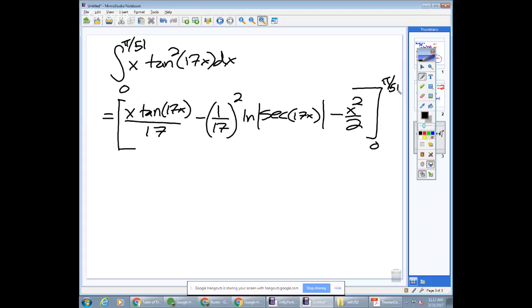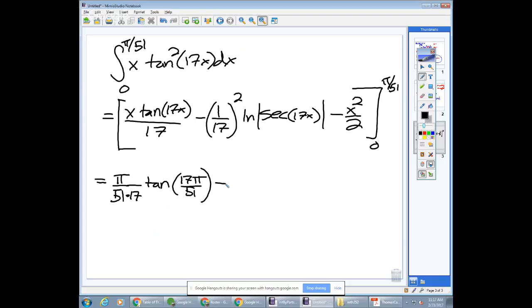Anyway, all right, so what do we get? We get pi over 51, and then we also have a 17 down there in the denominator, and then we get the tangent of 17 pi over 51. That's a fascinating number.